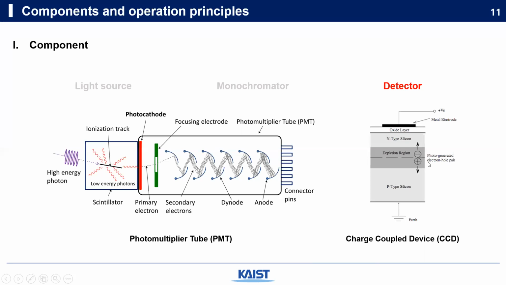Instead of detecting electrons generated in real time, you can collect the electrons generated over a longer time, a few seconds at a time, to see a larger signal. Also, since it is based on a semiconductor, it can be manufactured small and integrated to be used as a multi-channel detector.